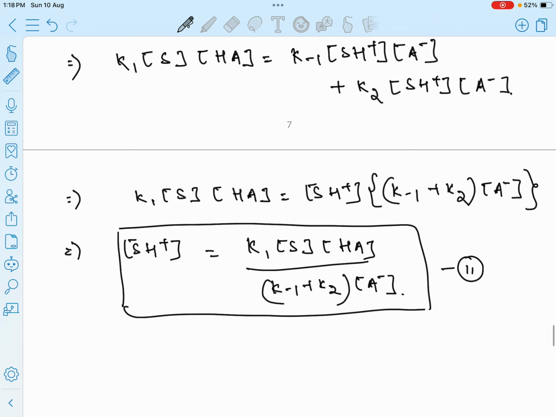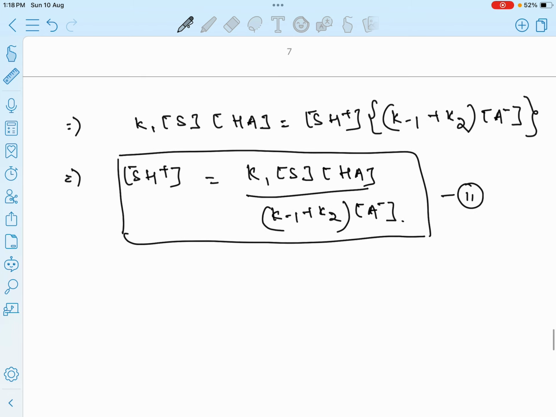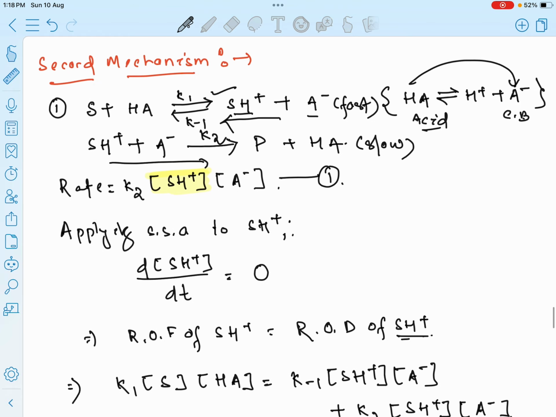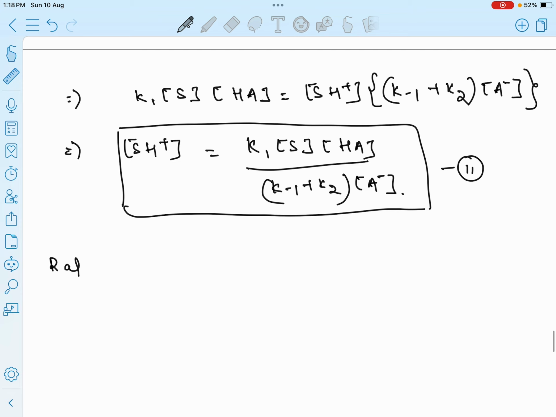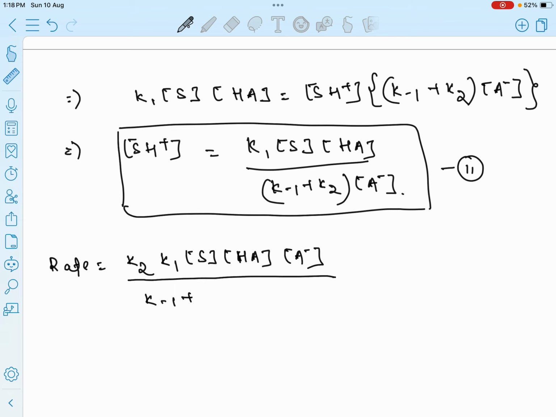Okay, so putting the value of equation 2 in equation 1, we can get the rate is equal to K2 into K1 S plus into HA concentration into A minus concentration divided by K minus 1 plus K2 into A minus concentration.